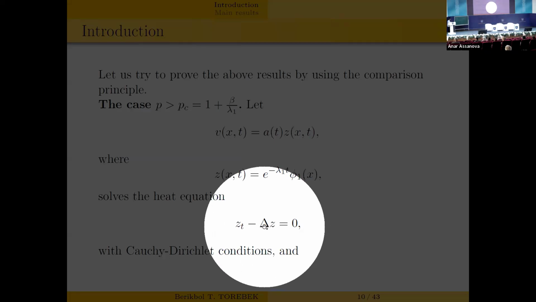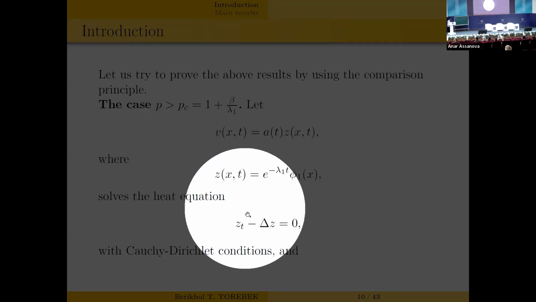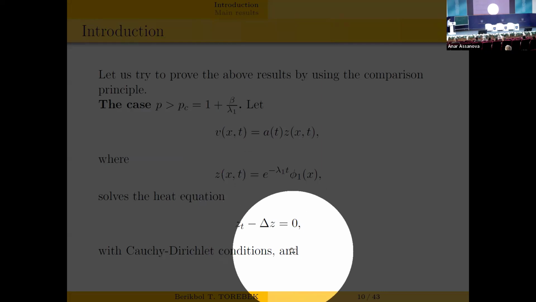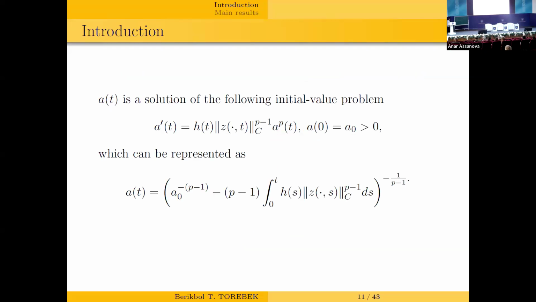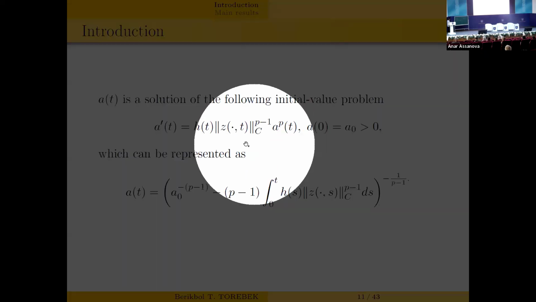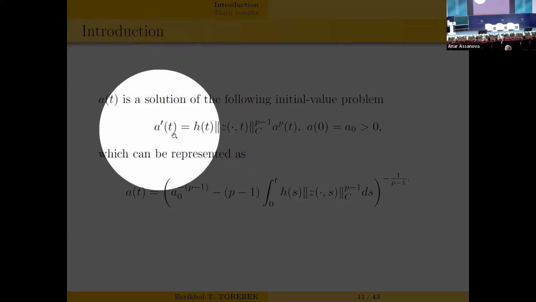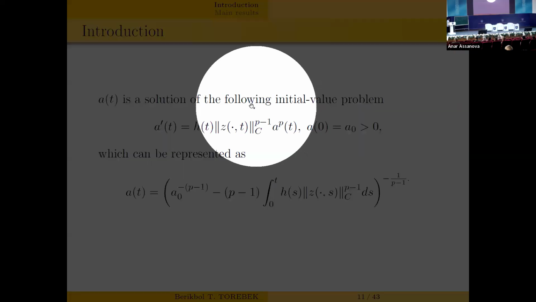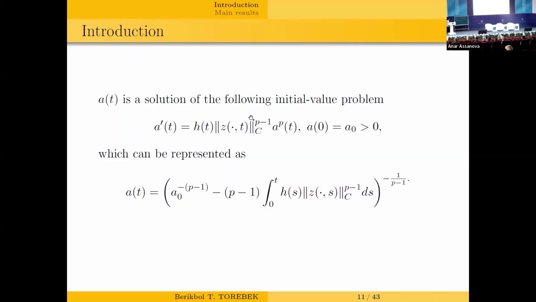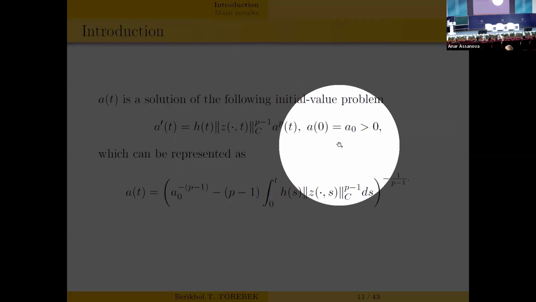Then this function z is the solution of the linear heat equation with the Cauchy-Dirichlet condition. We also suppose that a(t) is a solution of a first order ordinary differential equation with this kind of nonlinearity, and we assume that the initial value is strictly positive.